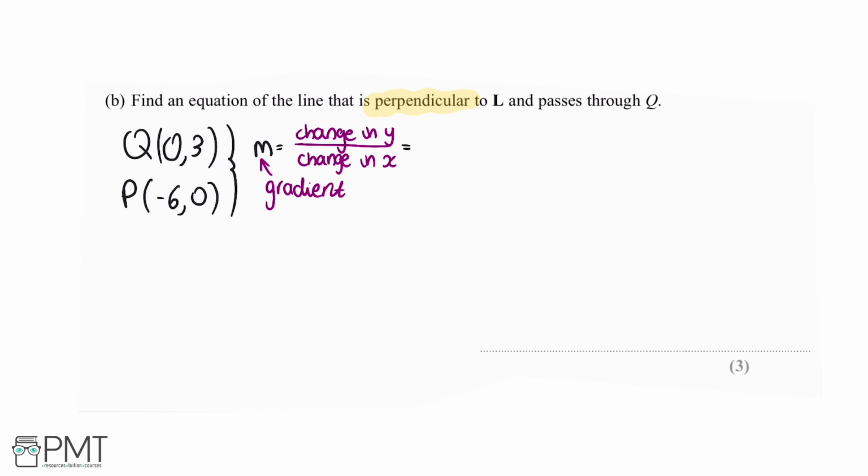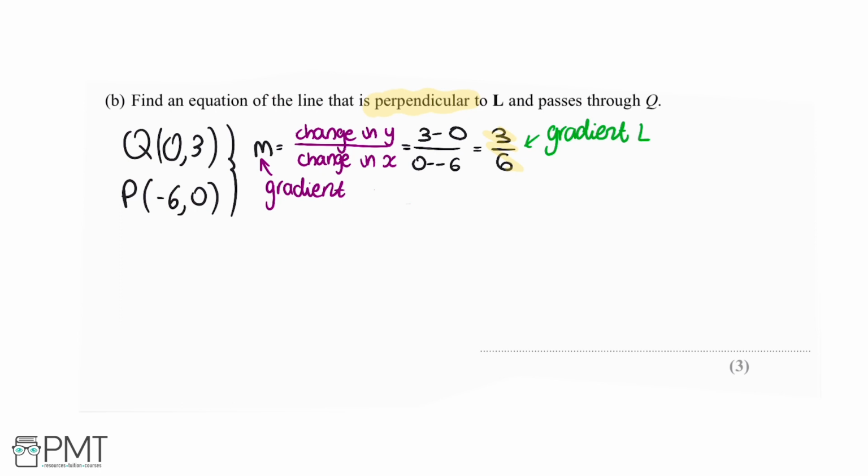So I'm going to do the y of Q minus the y of P, 3 minus 0, over the change in x, keeping it the same way around, the x of Q minus the x of P, 0 minus -6, which gives us 3 over 6. This is the gradient of the line L.